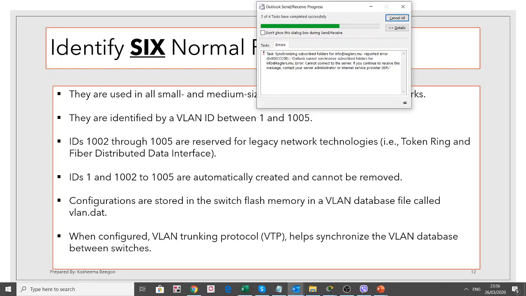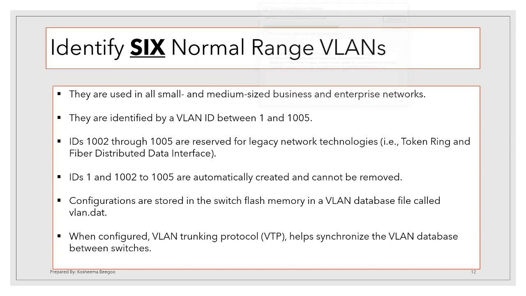Now, we've learned before that when we have to remove the configuration on our switch or router, we use erase startup-config. But on switches, when you use erase startup-config, your configuration will go except VLANs. VLANs will not be deleted. Why? Because when we create a VLAN, it is stored in a file called vlan.dat. Here it is, vlan.dat.